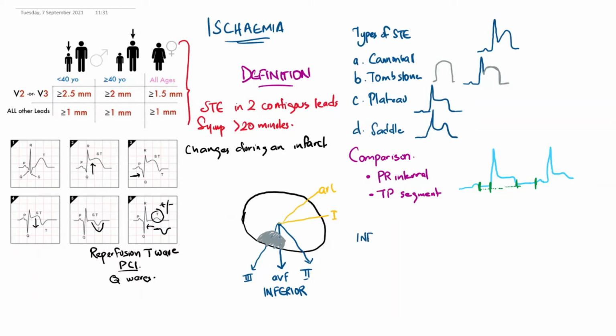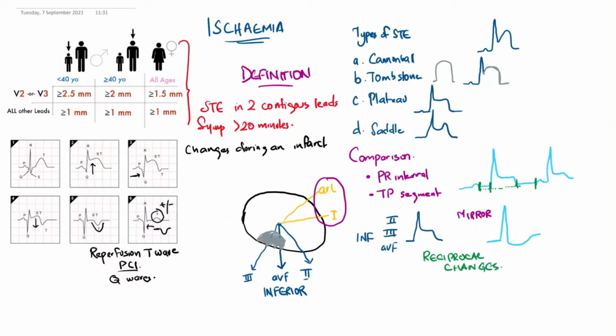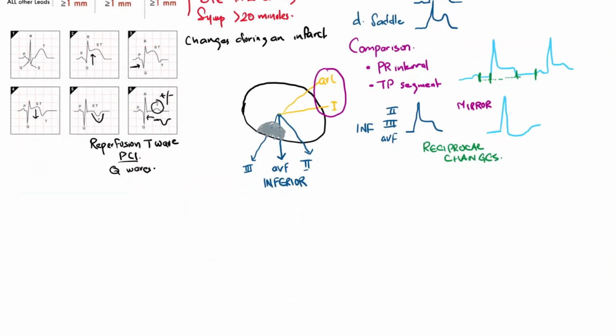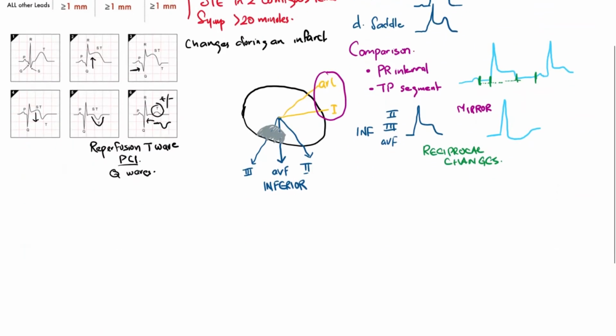What you're going to see in the inferior leads is ST elevation, because that marks the territory of the inferior region of the heart. At the same time, the lateral leads, which are 1 and aVL, are going to show you ST segment depression. Why? Because this is a mirror image of the same infarct that is happening in the inferior territory, and here you can see that it's manifested as ST depression. This concept is known as reciprocal changes, and it just signifies that the transmural infarct is actually quite large.